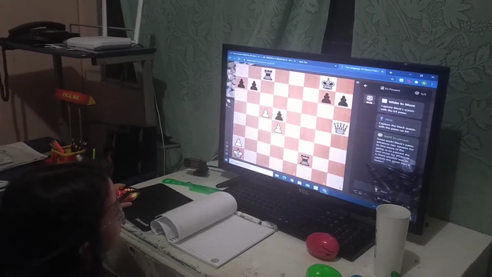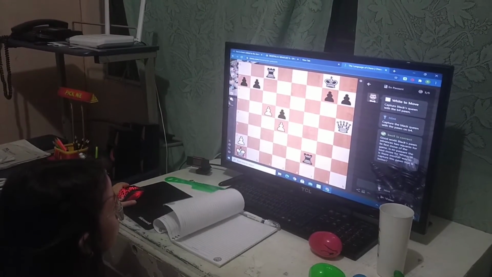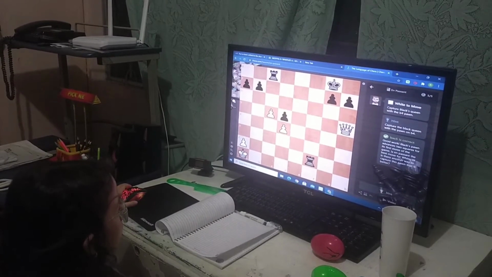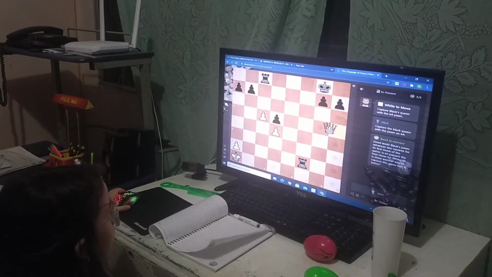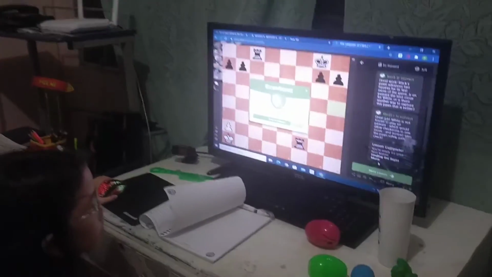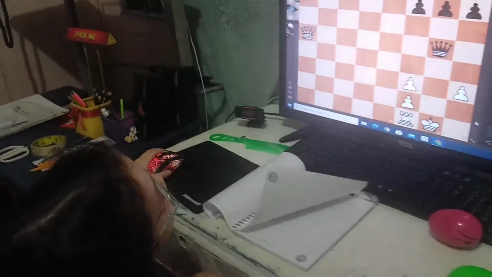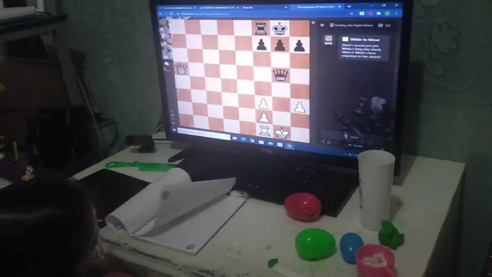Kung ako titira dyan. Check lang siguro. Yan. Kahit na hindi na mag-en passant dyan, mati. Queen X pawn. Yan. So, excellent. 10 out of 12. Pagod na ba? Okay, tiyaga lang, matatapos na.